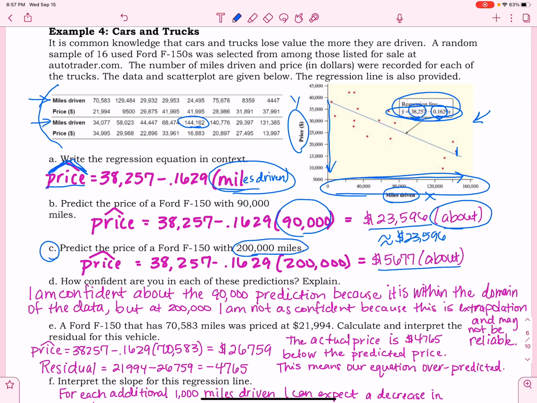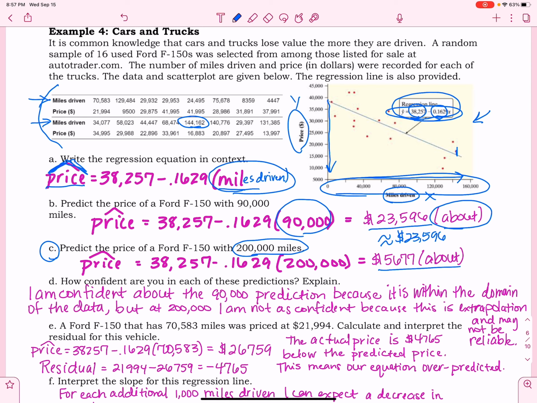144,162. So anything lying outside that domain too far is going to be something I really don't trust because that's going to be an example of extrapolation. Remember, extrapolation happens anytime I make a prediction too far outside the domain or the x values of my data.